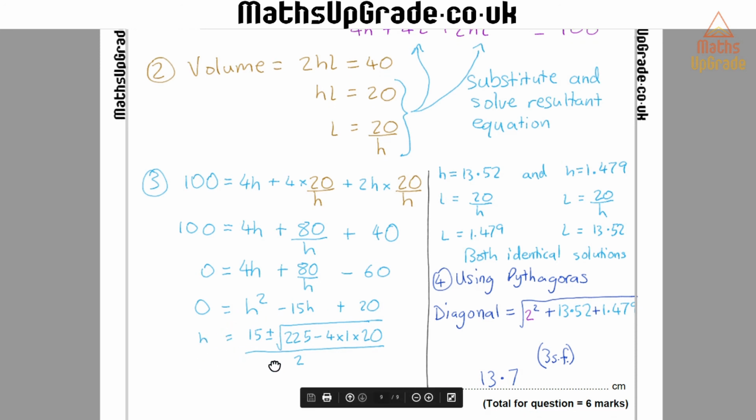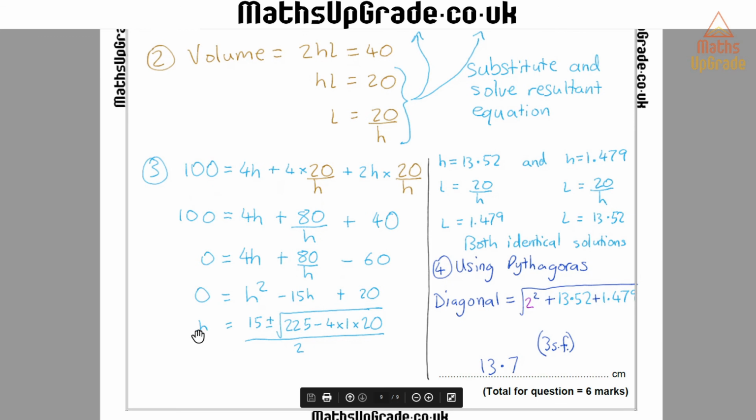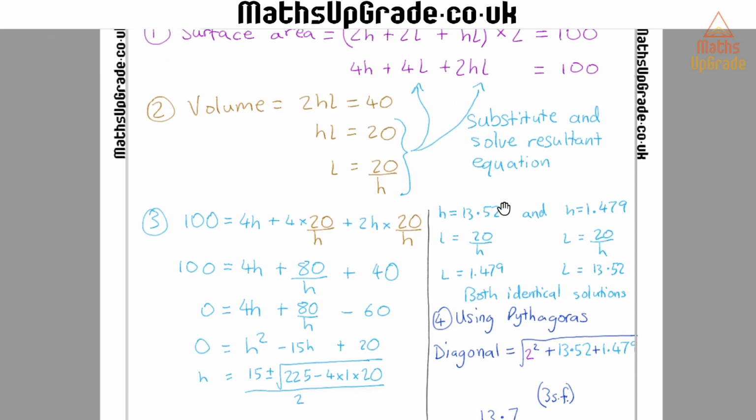the quadratic formula. So I know that x equals negative b plus or minus the square root of b squared minus 4ac all over 2a. And when I substitute the values for a, b and c into here, this is what I get. So using a calculator, I get the height as being 13.52 and the height as being 1.479.